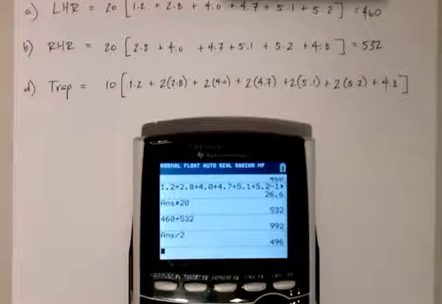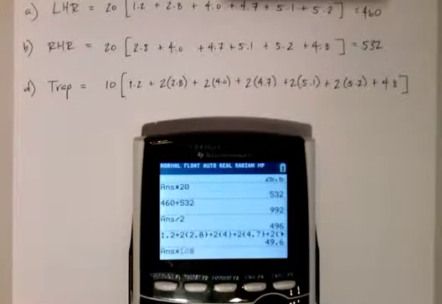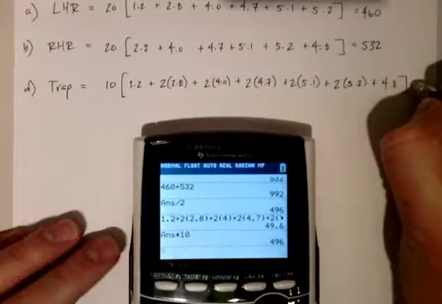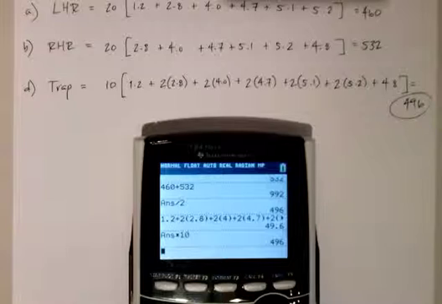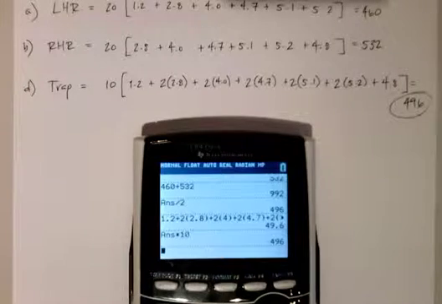So I have 1.2 plus 2 times 2.8 plus 2 times 4 plus 2 times 4.7 plus 2 times 5.1 plus 2 times 5.2 plus 4.8, and then of course we have to multiply it by 10, and lo and behold, we do actually get 496 as we predicted. And those output values came not from actually evaluating a function, but just picking the values out of the chart that's provided for you.